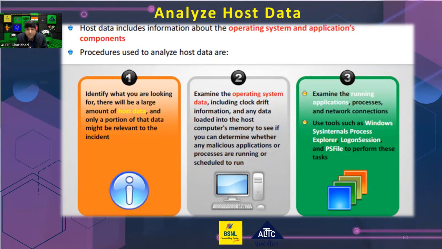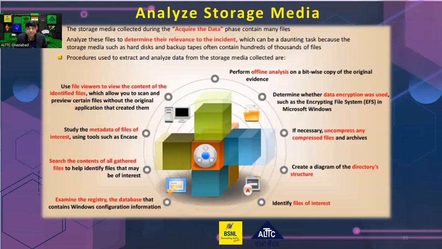Examine the operating system data, including clock drift information and any data loaded into the host computer memory, to see if you can determine whether malicious applications or processes are running or scheduled to run. Examine the running application processes and network connections, using tools such as Windows Sysinternals, Process Explorer, LogonSessions, and PsFile to perform this task.